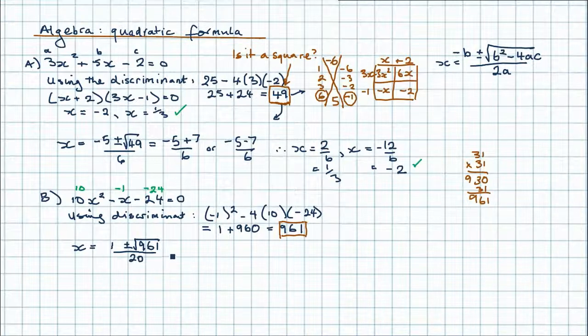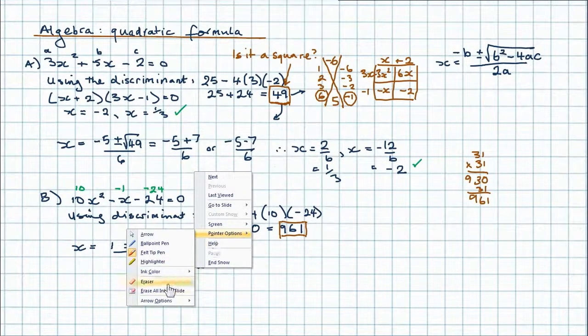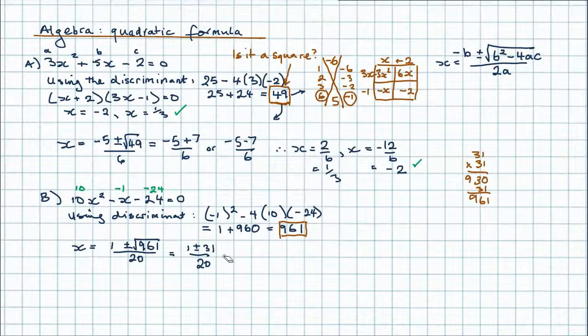Okay, so what does that give us? Well, we know that 961 is 31 squared, so it's 1 plus or minus 31 over 20. Let's start another line, but I want to keep plenty of space to do another one maybe.